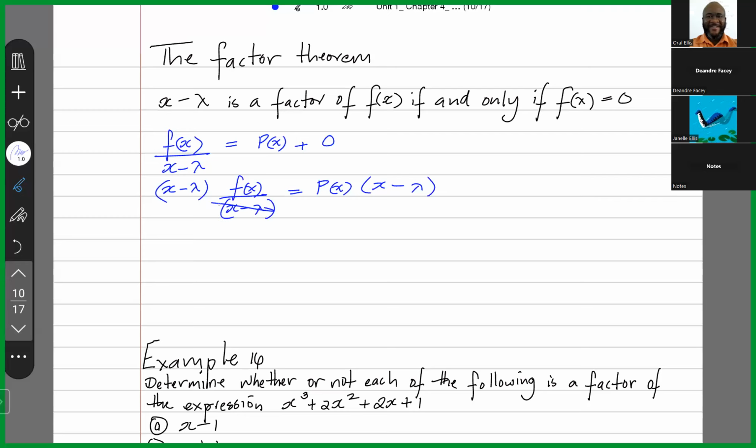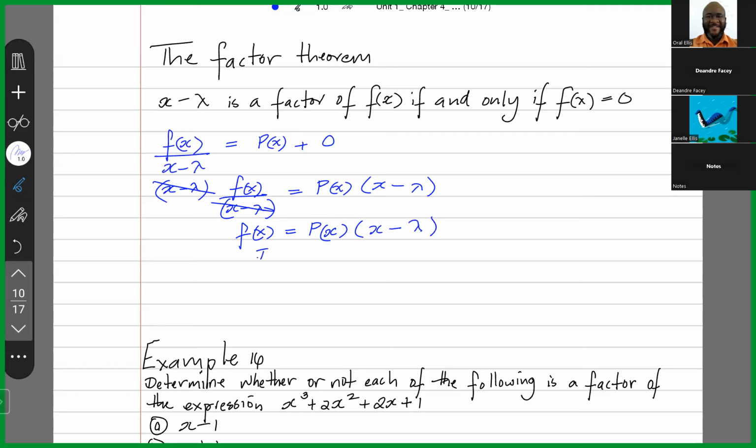Well, this cancels over here, and we have f of x is equal to p of x times x minus lambda.